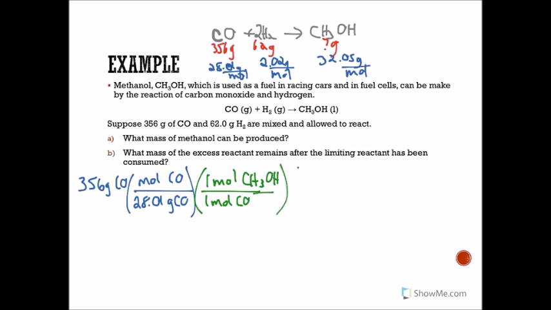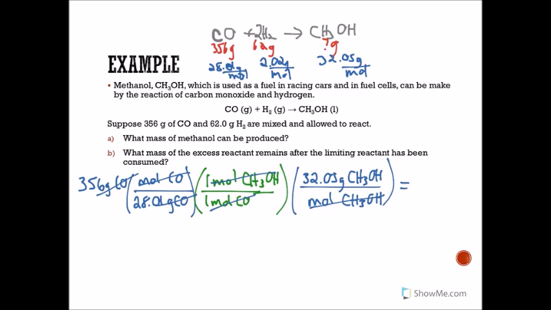And then we convert back to grams to figure out how much methanol we would produce if we use carbon monoxide: 32.05 grams of methanol over a mole of methanol. Just double checking, everything cancels off, and we're left with grams of methanol.